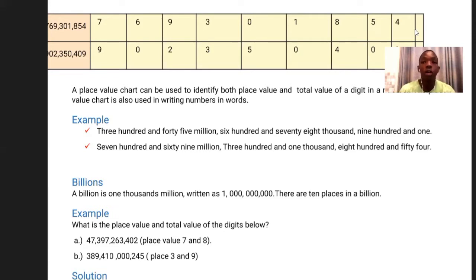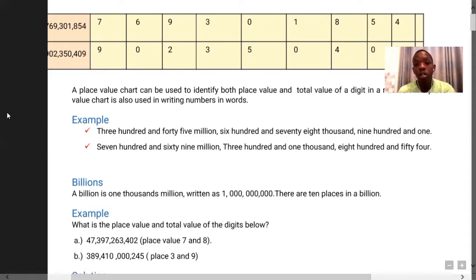If you want to figure out writing numbers in words, let's say for example this number here, 769,301,854. We have our ones, tens, hundreds, thousands, tens of thousands, hundreds of thousands, millions, tens of millions, hundreds of millions. We want to put this in words.